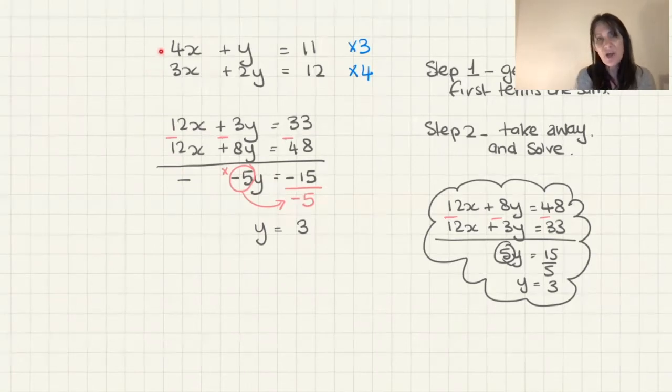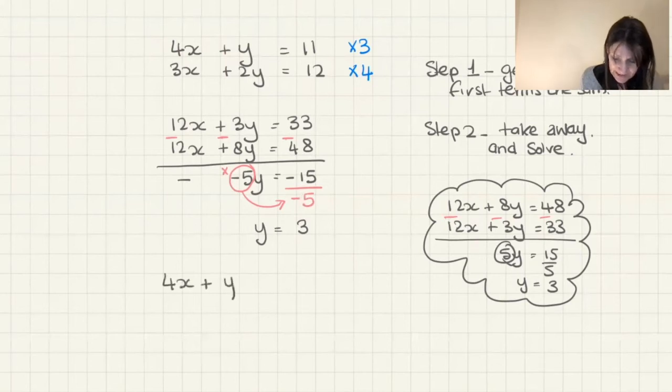I like the top one because there's just a single y there. So for that reason, I'm going to select it. And as you get practiced at this, it becomes a bit easier to decide which one you're going to use. So I now know that my y equals 3. So this y right here equals 3.